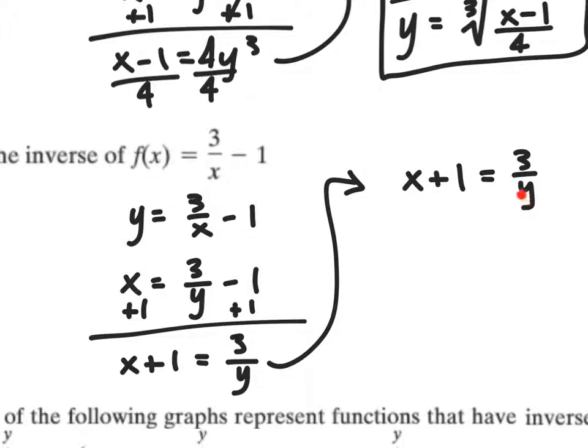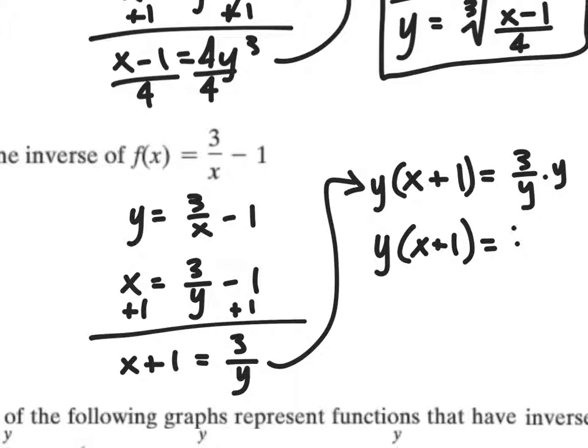But it's in the denominator. So the first thing you want to do is get this out of the denominator and move it to the other side. So I can multiply both sides by y. And when I do that over on the left side, I have to put parentheses around because this is a quantity. Now I have the equation y times x plus 1 is equal to 3. Now what I want to do is divide both sides by x plus 1.